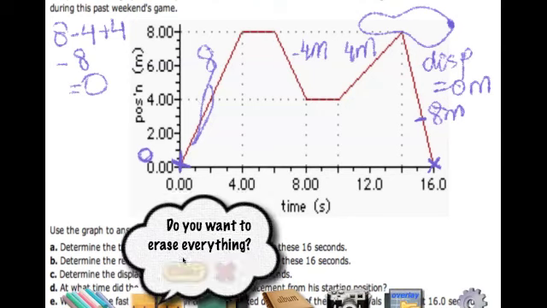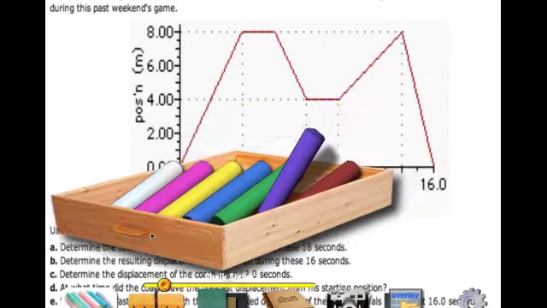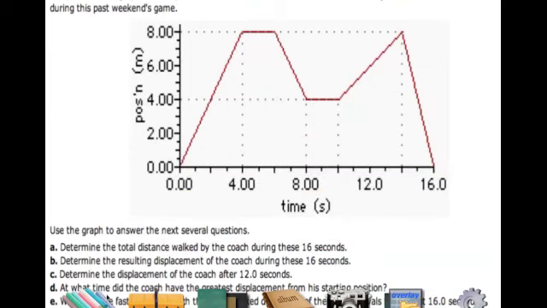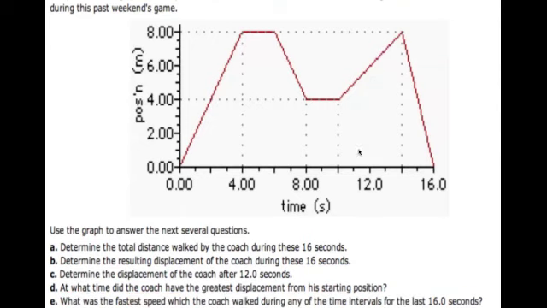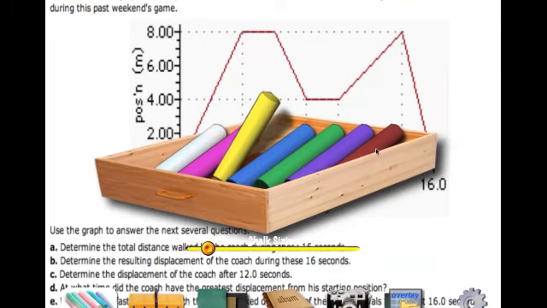Let's go to part number C. Determine the displacement of the coach after 12 seconds. So this is 12 seconds here. I think you can't see, so let me just change the color of the chalk.